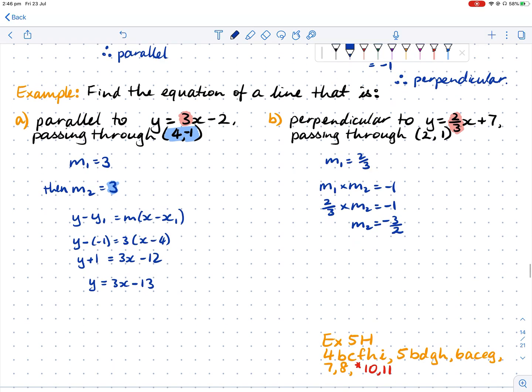Once we've got our gradient, we've also got our point. So now we can substitute those into the point gradient formula. y minus y1 equals m(x minus x1). So y minus 1 equals -3/2 (x minus 2).